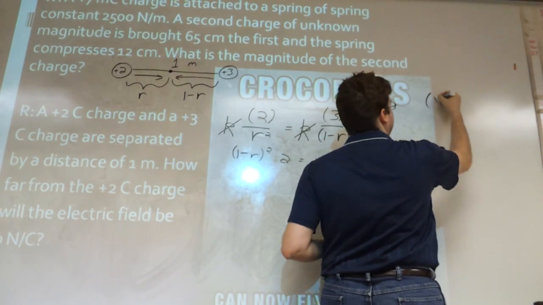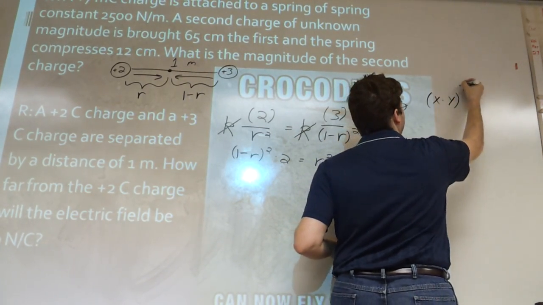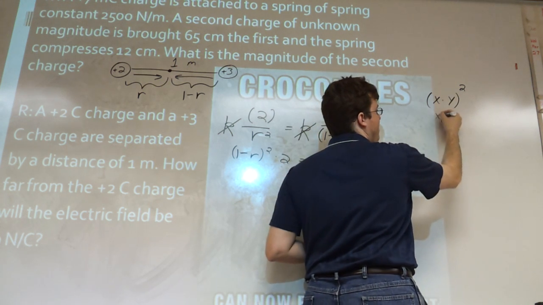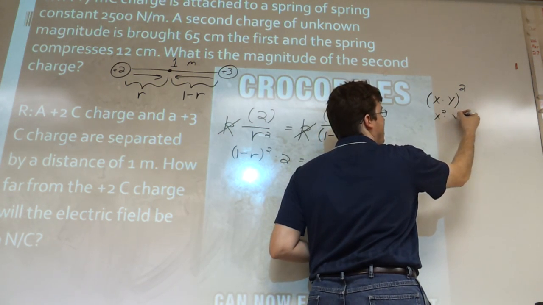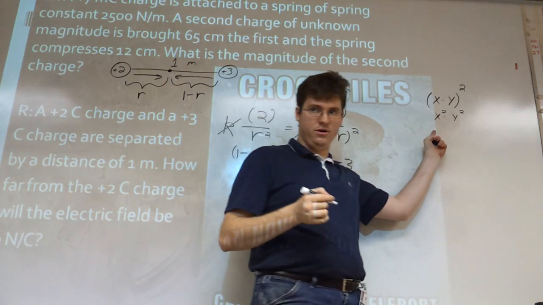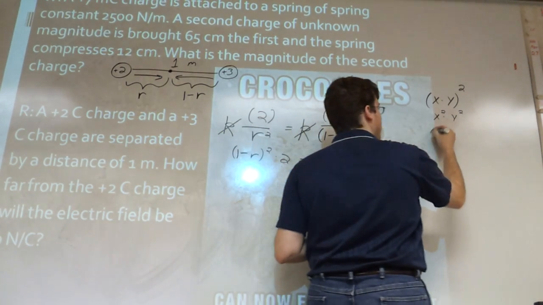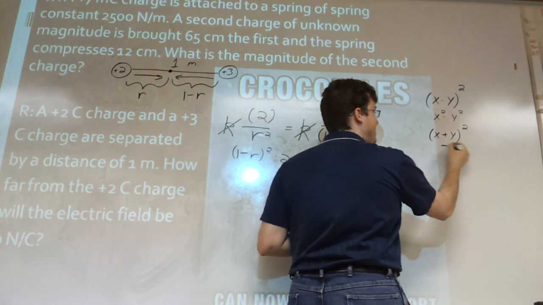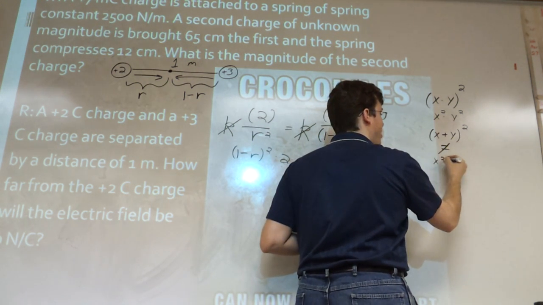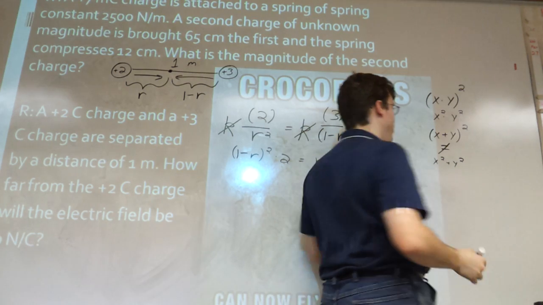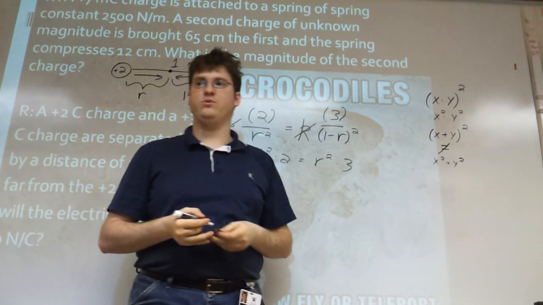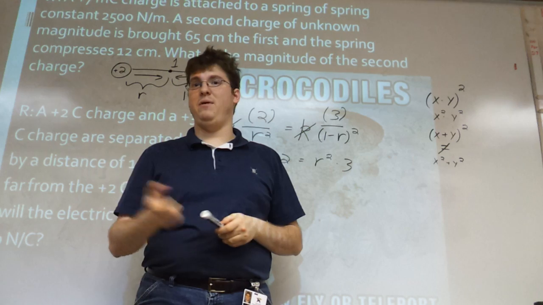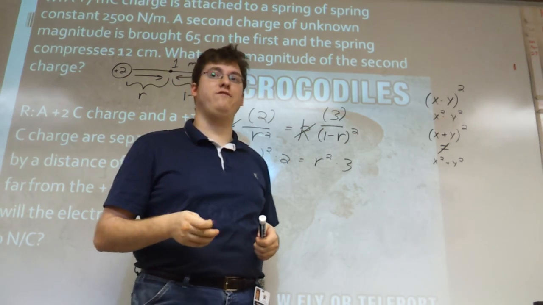The only time you can distribute a squared is when you are multiplying. Like if I had x times y and I squared all of that, that is the same as x squared times y squared. That's allowed. But if I had x plus y and I squared all that, that is not x squared plus y squared. What do I have to do when I have x plus y squared? I have to FOIL.